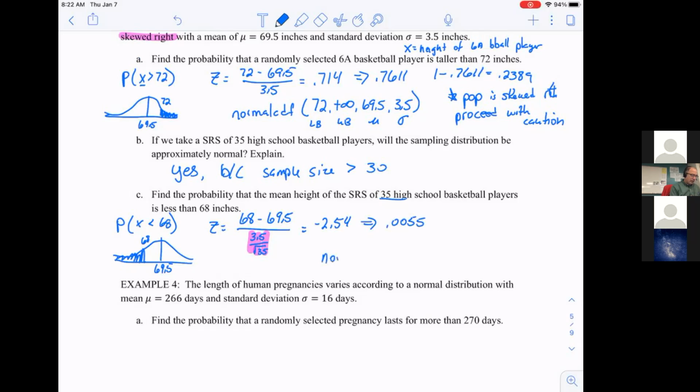And again, that's a normal CDF, negative infinity to 68, with 69.5 and again, I'll just write in 3.5 divided by the square root of 35. There we go. All right, so this is my lower boundary, this is my upper boundary, this is my sampling distribution mean and my standard deviation of the sampling distribution. Okay, so just remember that.